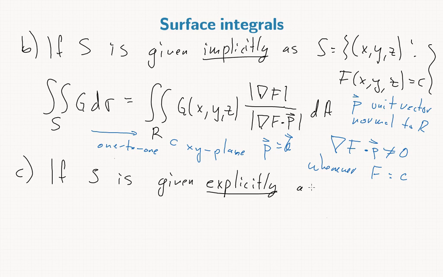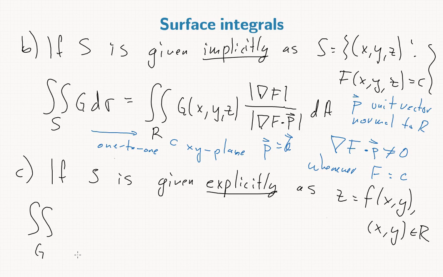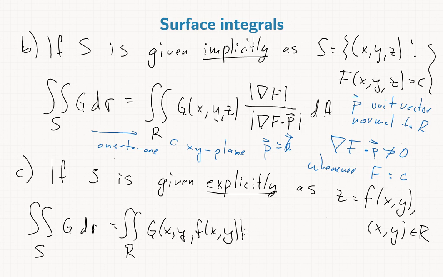So if S is given explicitly to us as the graph of a function, z is f of x, y, for x, y in some region R of the plane, then the integral over S of g d sigma is the integral over R of g, with z now f of x, y, so it'll be g of x comma y comma f of x, y.